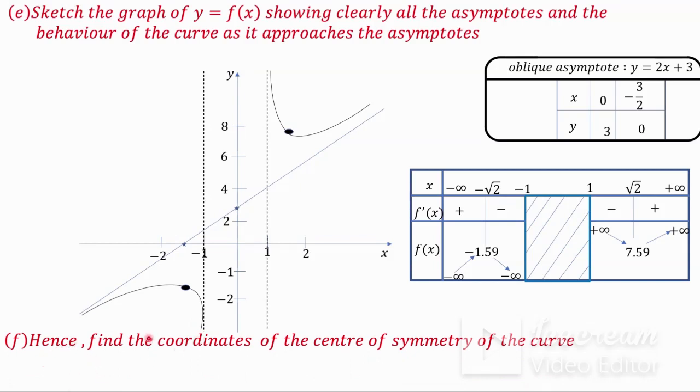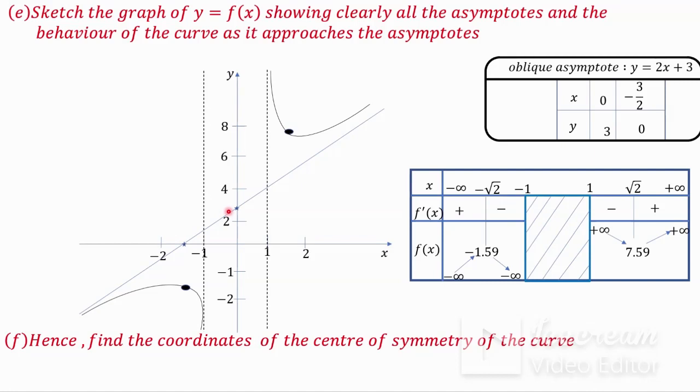Yes. So the question asks us to find the coordinates of the center of symmetry of the curve. That coordinate is simply going to be the midpoint of the point of intersection between the slant asymptote and the vertical asymptote. You can clearly see that.